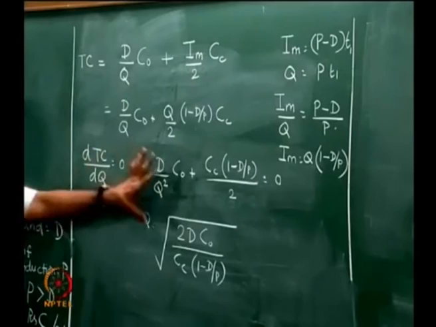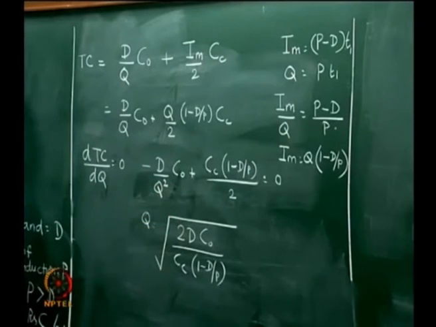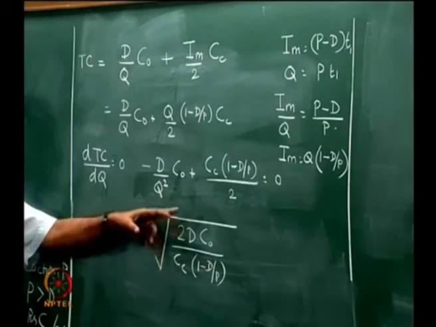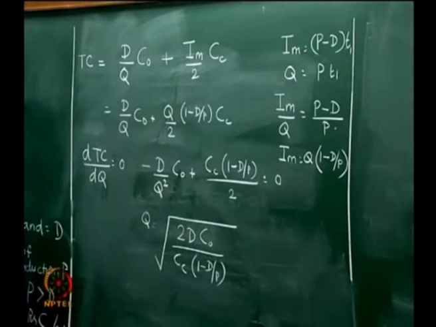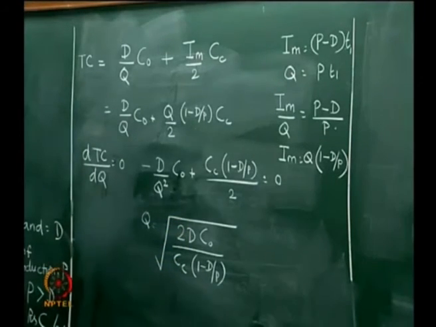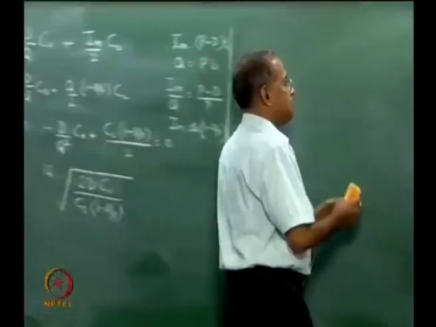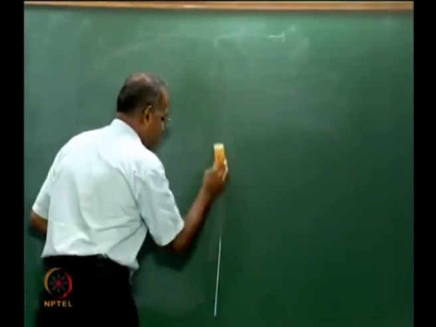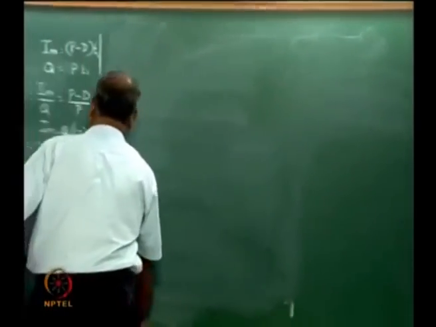Now, once we have this equation, we can find out the economic batch quantity given values of D, C naught, Cc, etc. So, let us take a numerical illustration and show the computation of the economic batch quantity and the associated total cost.